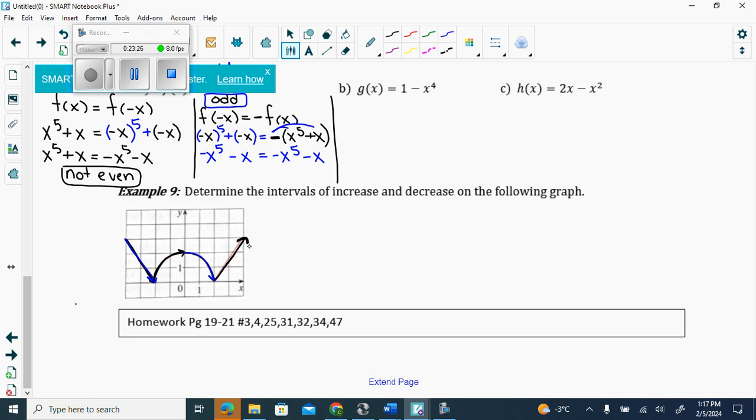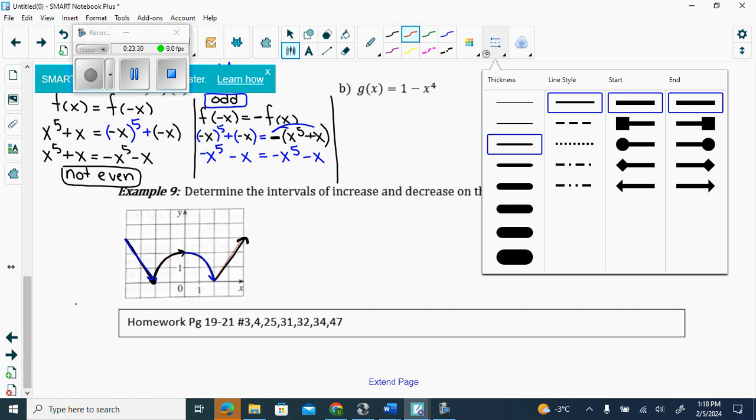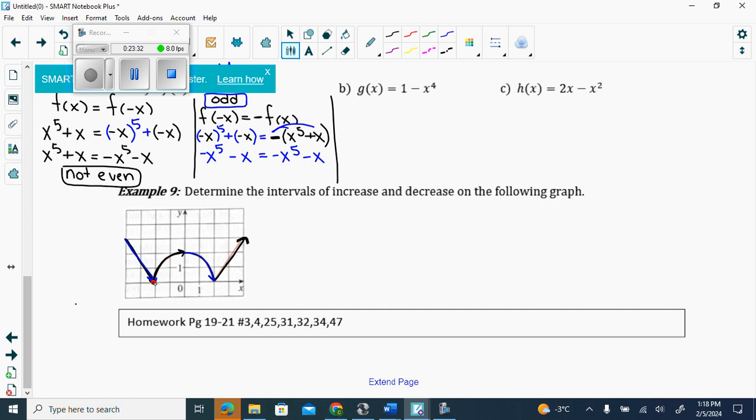Now, where the change is happening, here, here, and here, that's where our increasing and decreasing is changing. Do you agree? That's where maxes and mins will exist. Whenever you change from an increase to a decrease, isn't that a maximum? And when you change from a decrease to an increase, isn't that a minimum?